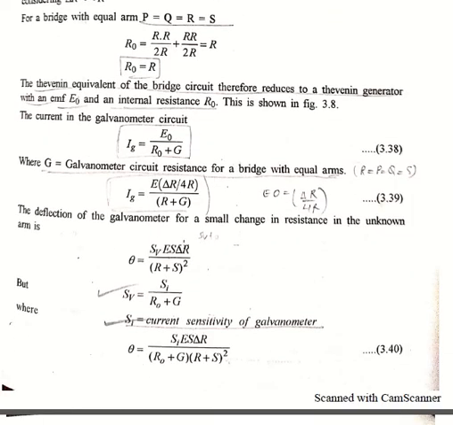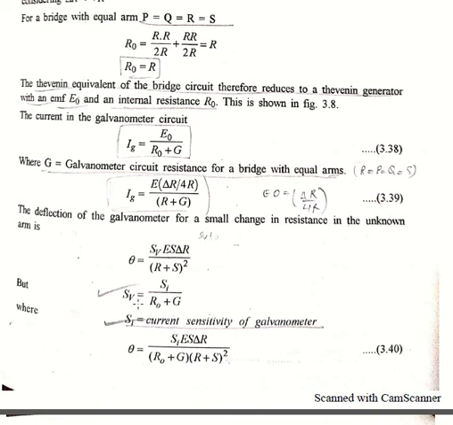So the deflection of the galvanometer for a small change in resistance in the unknown arm is theta equals SV E delta R divided by (R plus S) whole square. We derived this sensitivity of voltage in the previous lecture. So now here we have determined the current sensitivity of the galvanometer, which is in terms of the sensitivity of voltage.